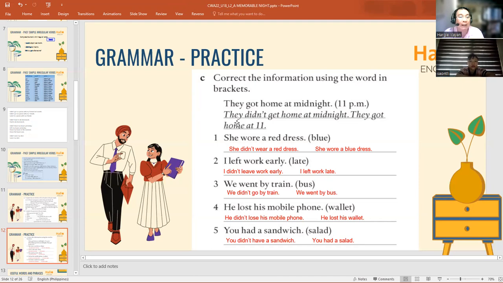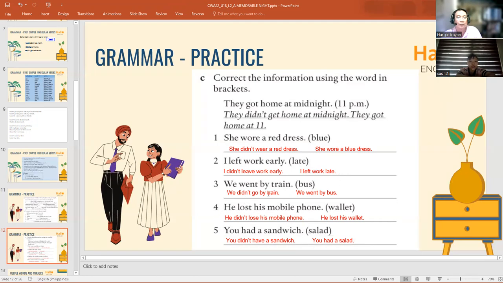Okay, now let's try to read them from the top. They didn't get home at midnight. They got home at 11. She didn't wear a red dress. She wore a blue dress. I didn't leave work early. I left work late.